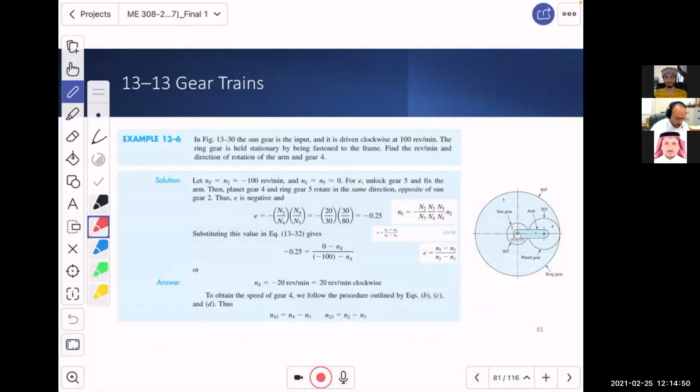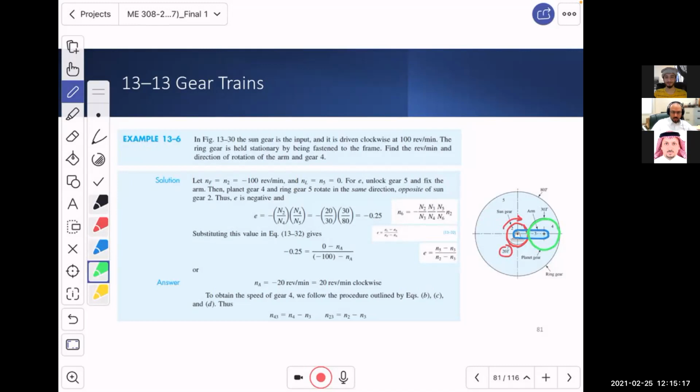In this problem, we had a sun gear over here with 20 teeth rotating in a clockwise fashion, connected to an arm, which is number 3. The arm doesn't have any teeth, and it is connected to a planet gear.